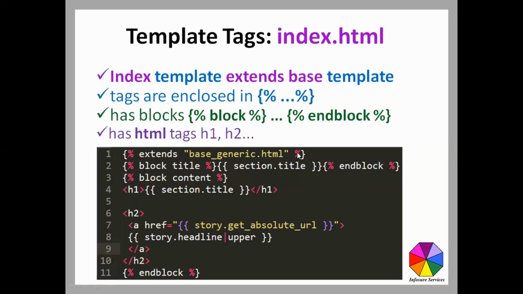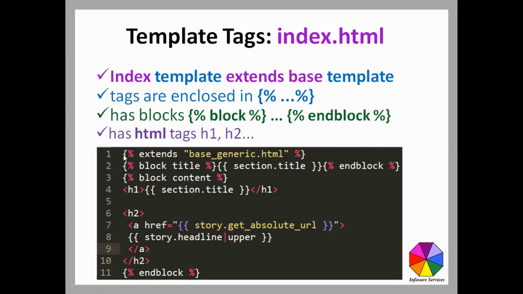This is purely syntax, flower bracket percent extends base.html, and it's no longer necessary to have the HTML, head and body tag in every HTML page. Okay, so the index HTML page in this case will not have the head tag, body tag. So thereby writing the HTML is easier. Now this is the Jinja2 template.